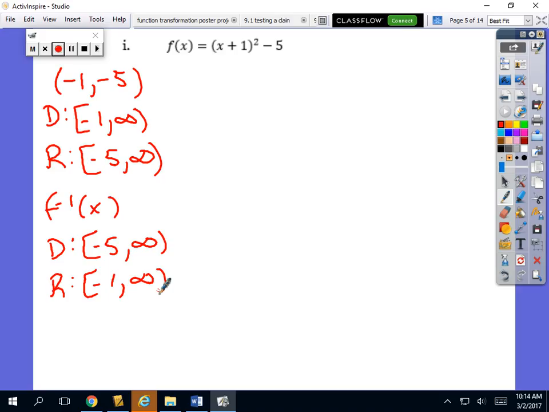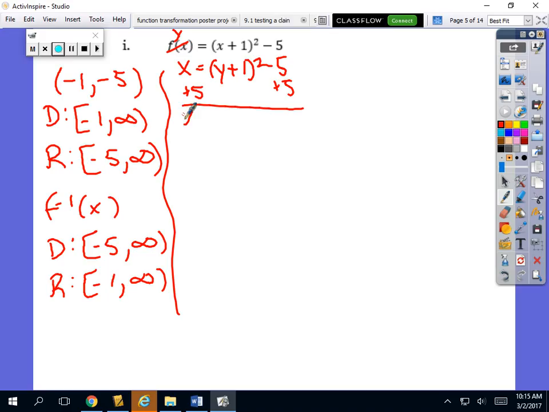Okay, so to find the inverse, replace this with y, switch your x and y, and solve for y. So I have x plus 5 equals y plus 1 squared, square root.